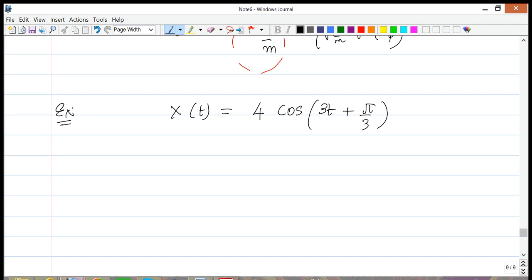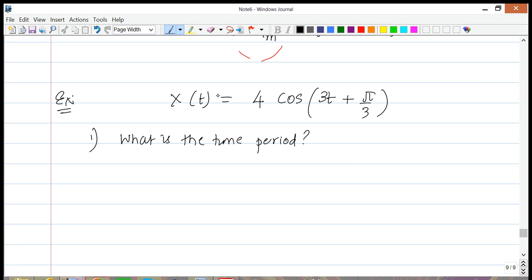We can obtain a lot of information from this equation. First of all, we can ask what is the time period. We can also ask what is the frequency.